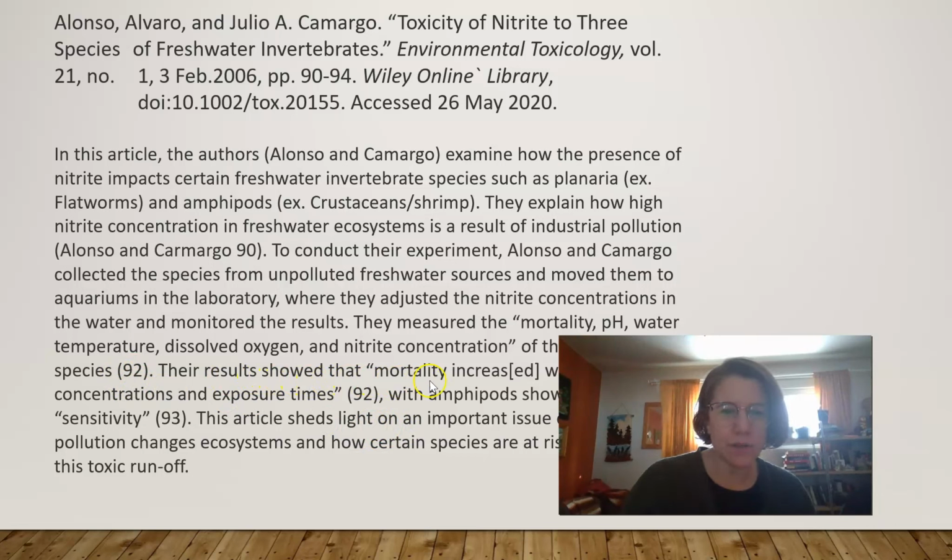Their results showed that, another quote, mortality increased with nitrite concentrations and exposure times, with amphipods showing the highest sensitivity. So again, if you're quoting directly, you need to place in a citation of where that quote appeared in that article. If I go and look at the article on page 92, I need to be able to find this quote in that article.